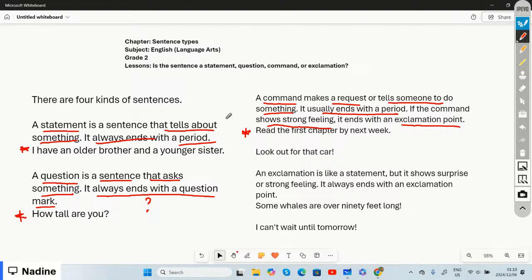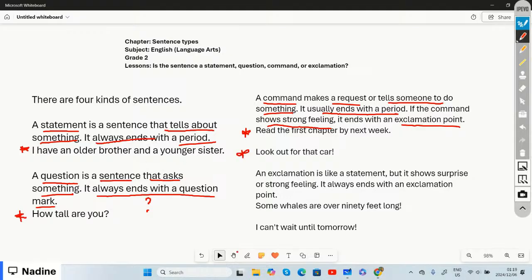But if the command shows strong feelings, and if we look at another example, this is also still part of the command.